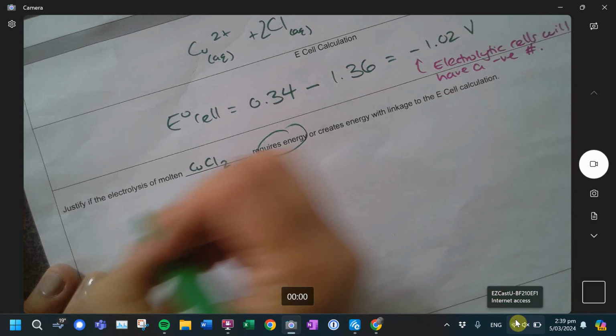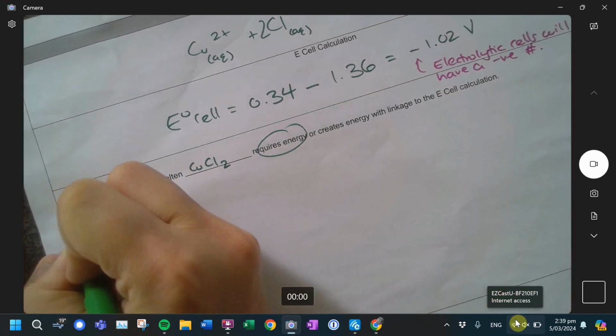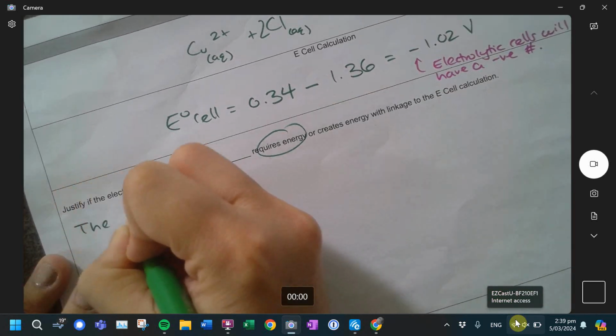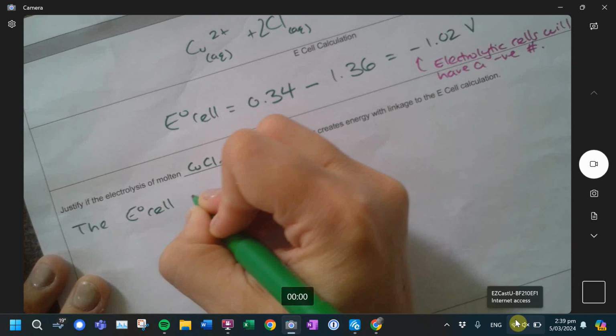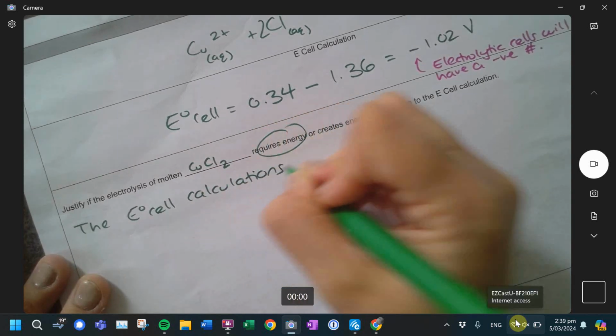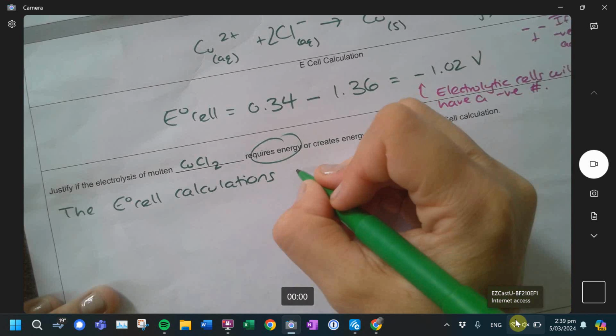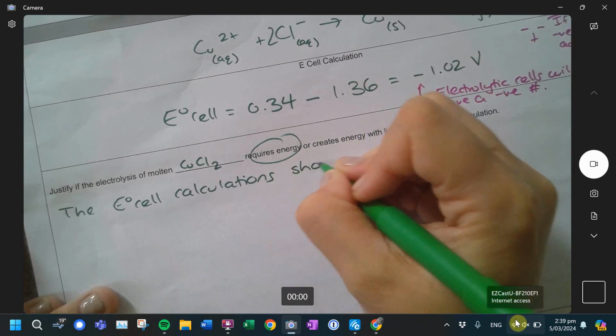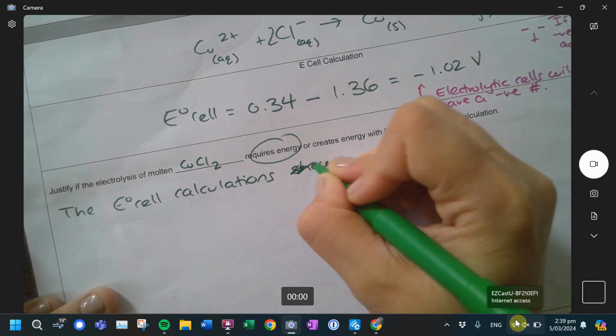So the E cell calculation, sorry, I should say, is a negative number.